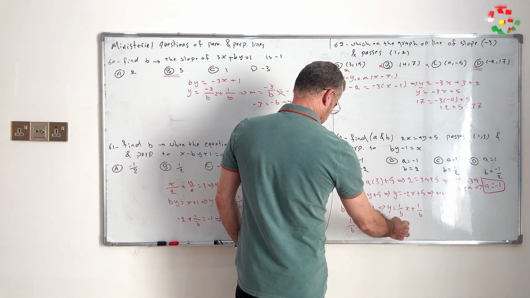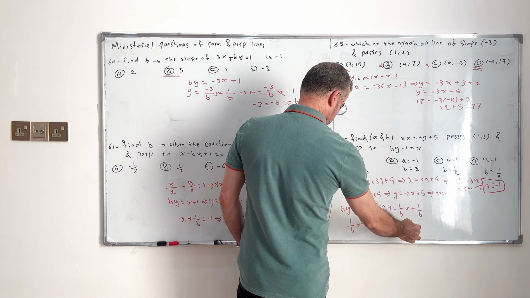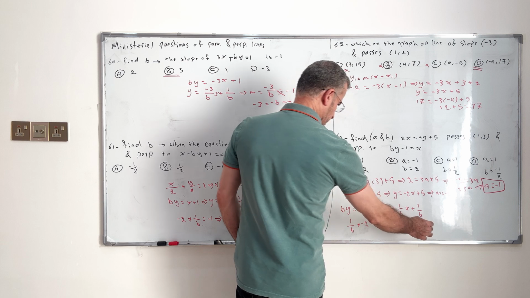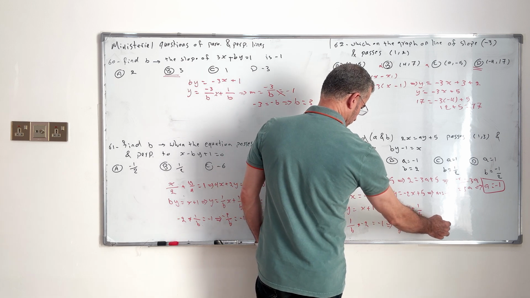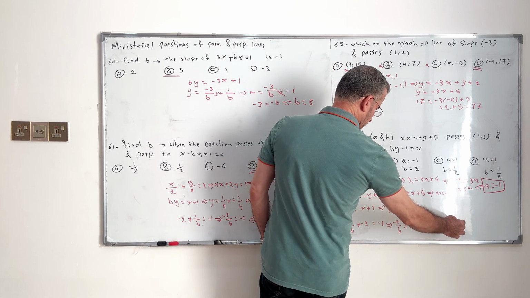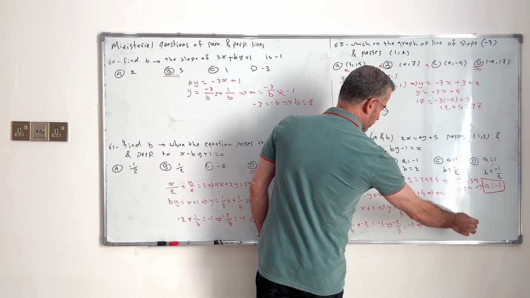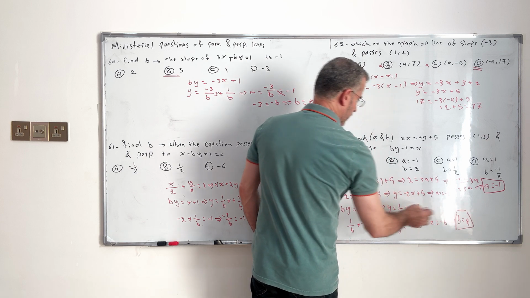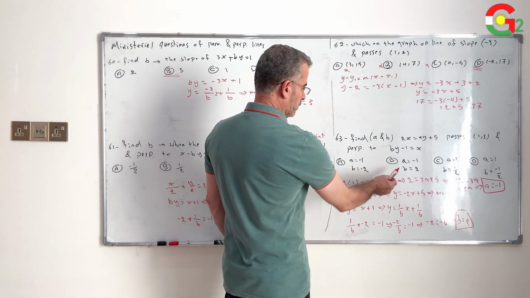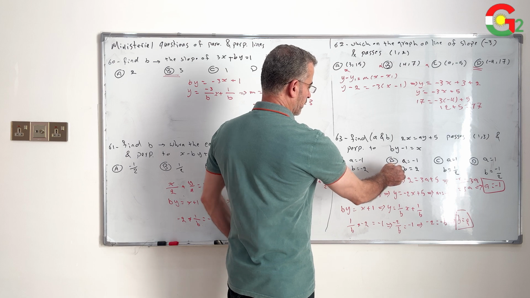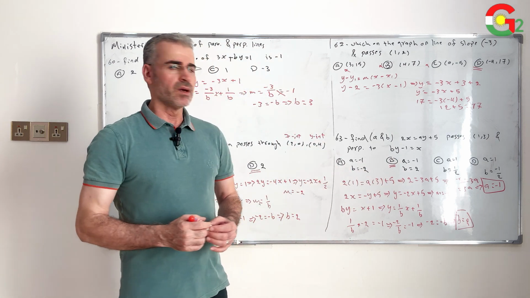Then negative 2 over b equals negative 1. This gives me negative 2 equals negative b, that means b equals 2. Then b equals 2 and a equals negative 1. Choice number B.